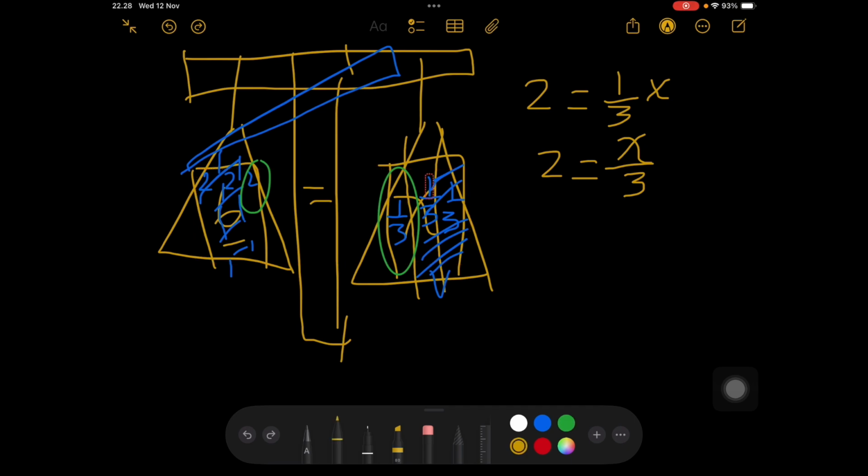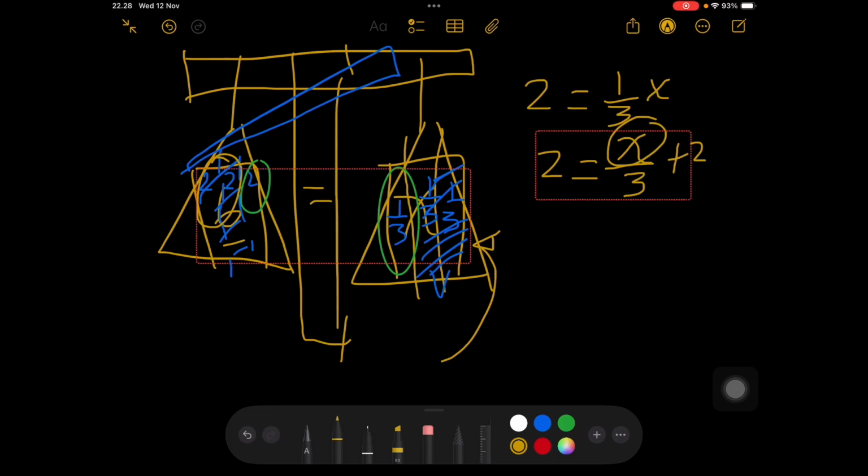Since it was said that this 2 was taken away, we can just say, okay, it's 2 plus 2. But then when we want to add here, we have to add plus 2 again, and we'll still remain with x if this is 2 plus 2.